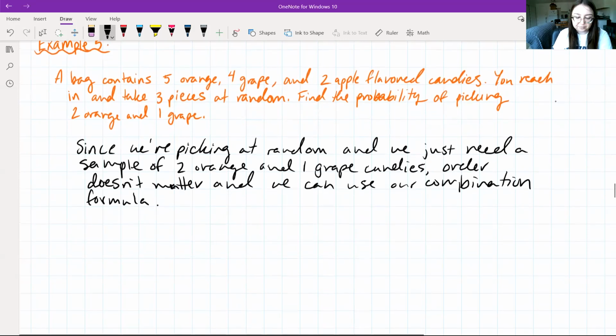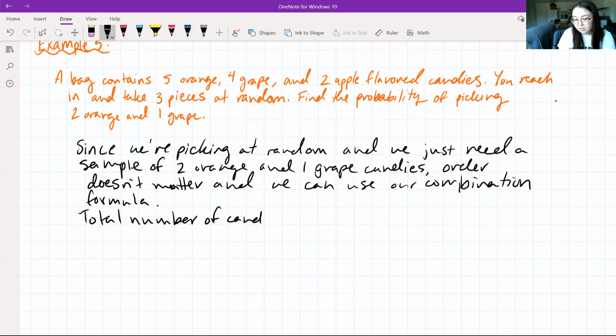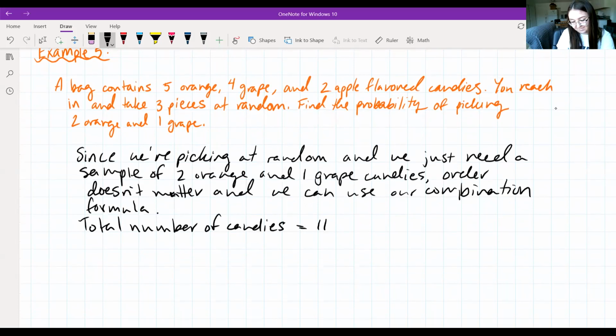All right, so we can use our combination formula, but we need to know the total number of candies. So we see the total number of candies is going to be equal to 11.